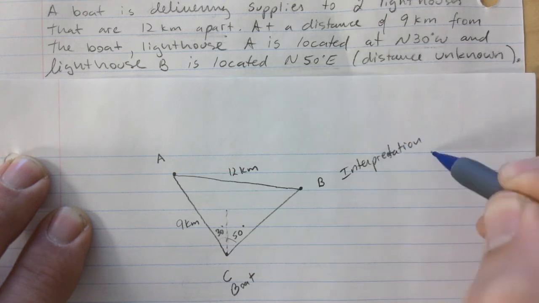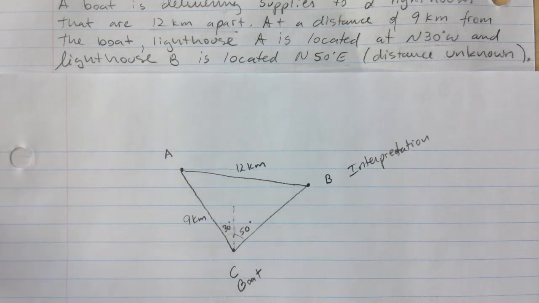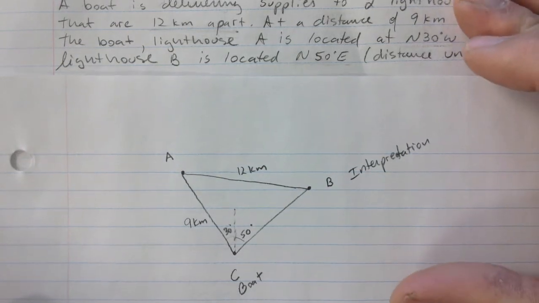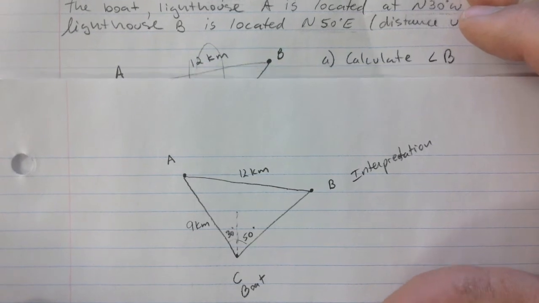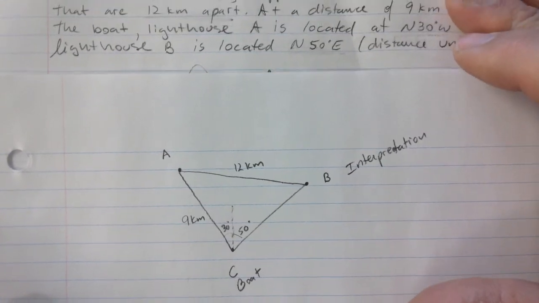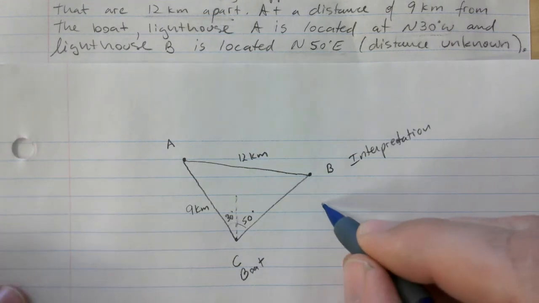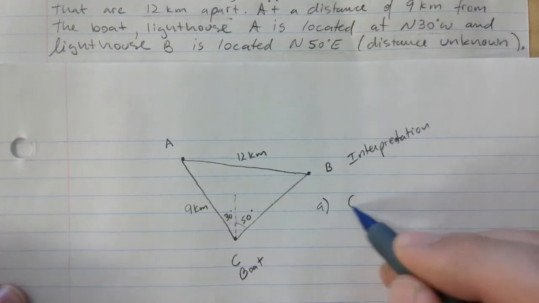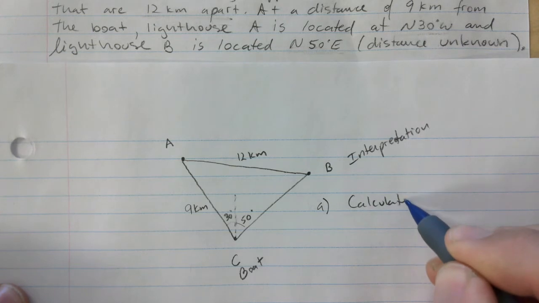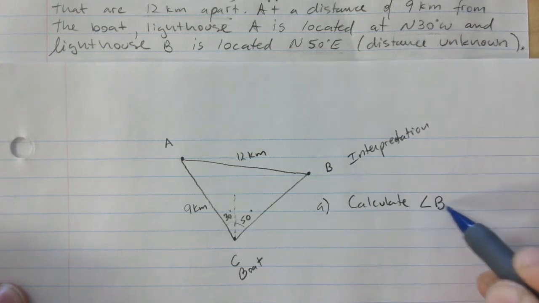Red is what I'm going to do after I've interpreted the question. Calculate angle B, that's what it was saying.